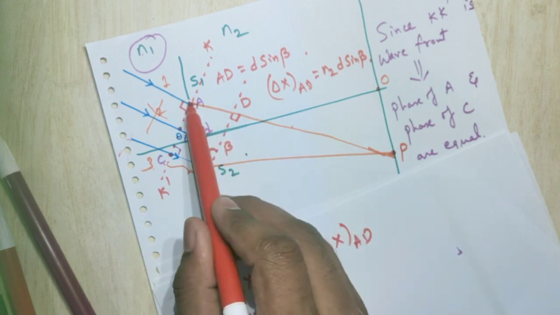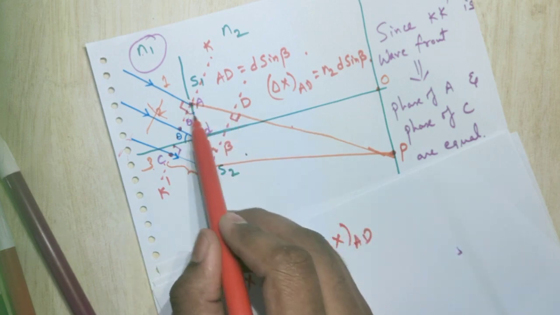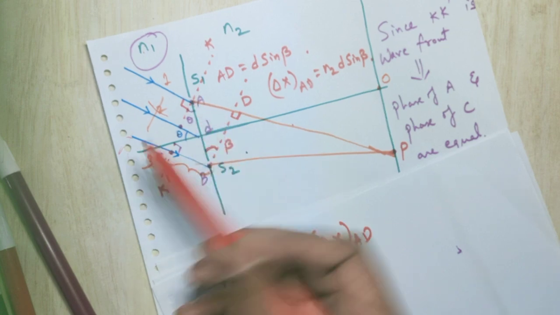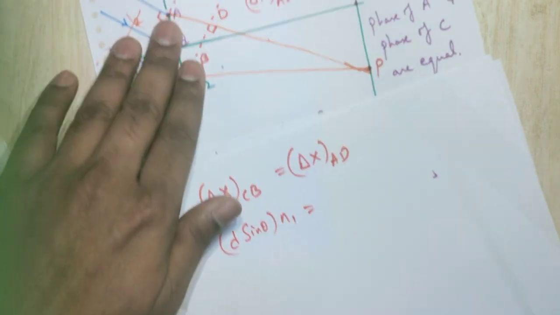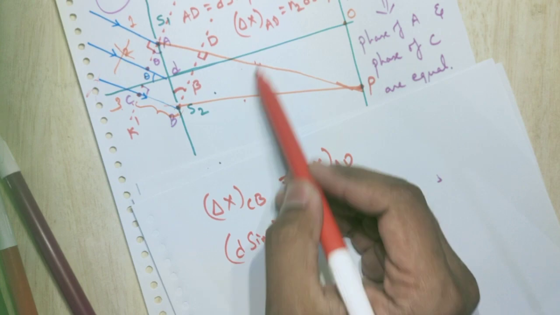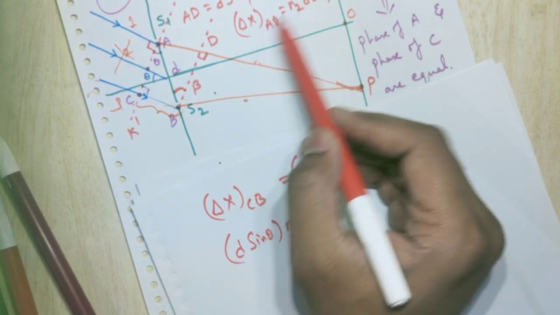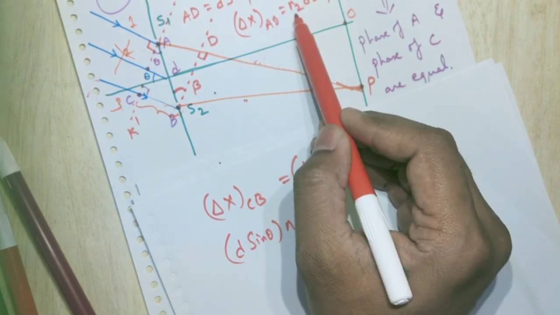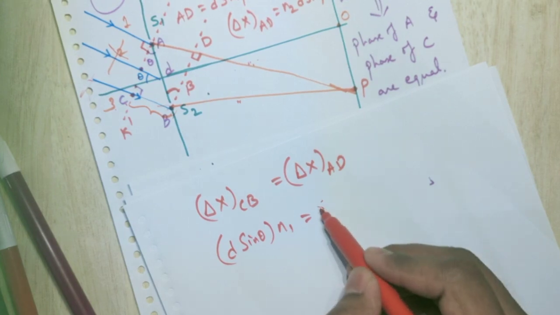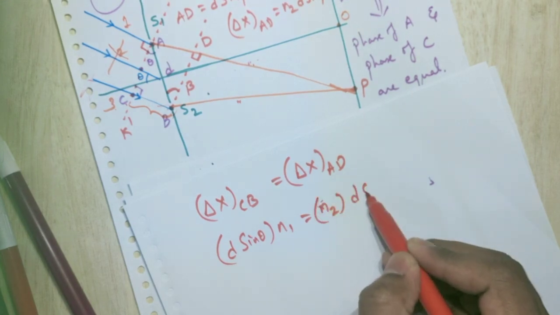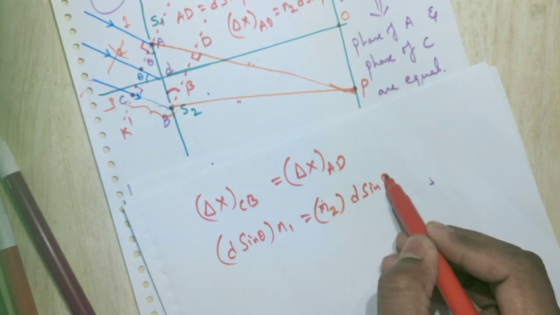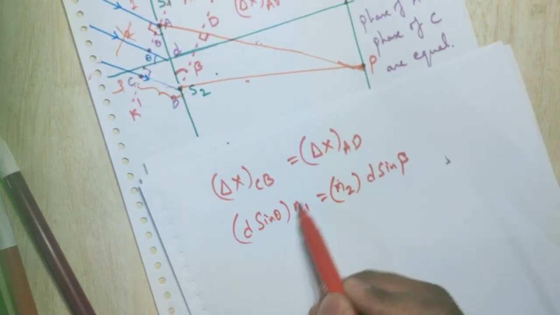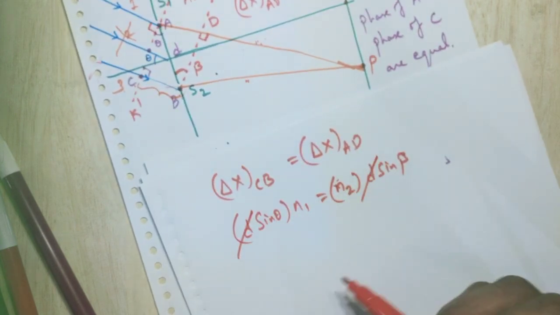AD is the actual difference of the length of the path, and from there we are finding out path difference. The path difference between these two rays is n2 d sine beta. From here, d and d get cancelled.